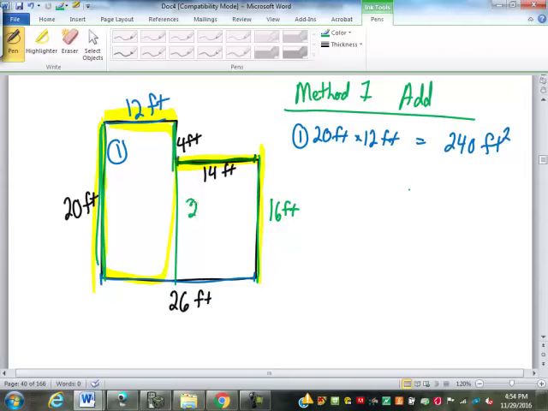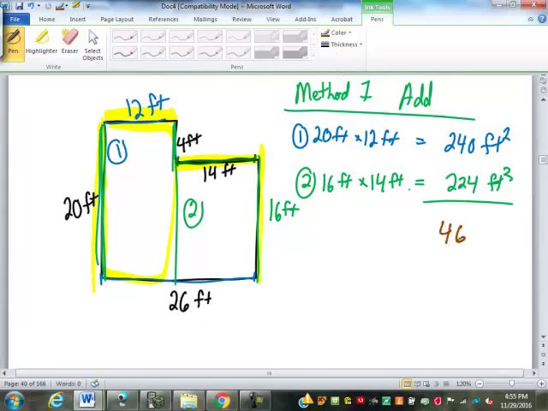So I'll call that rectangle 2. That one's going to be 16 feet by 14 feet. Or what is that, 224 feet squared? Does that work out? Okay. So we add that up. That is 464 square feet is the area of that.